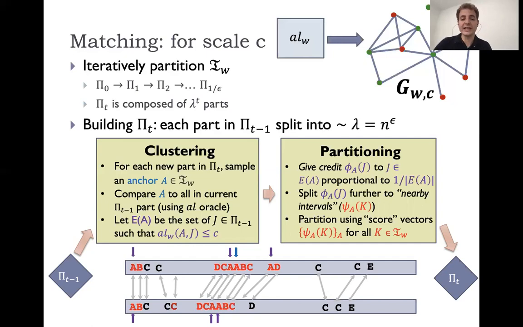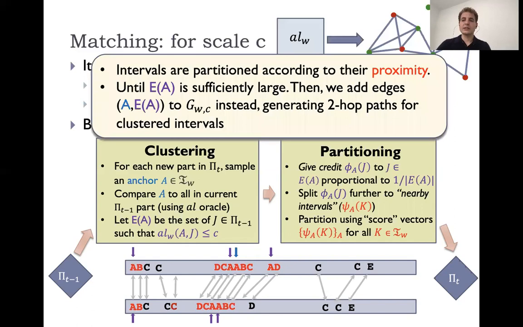After we find all the A's, we take some radius around those A's, and we color all the intervals in such proximity with the color A. The main takeaway is that the intervals are partitioned according to their proximity.